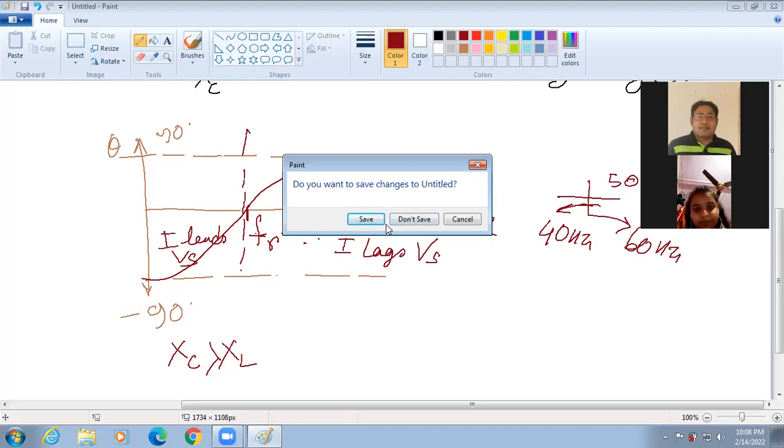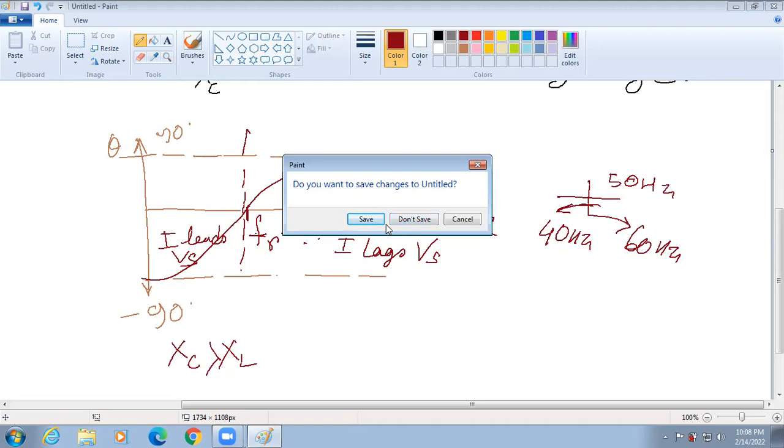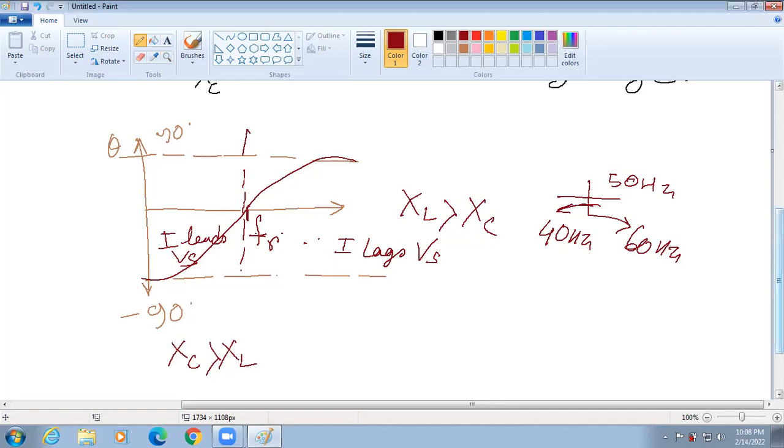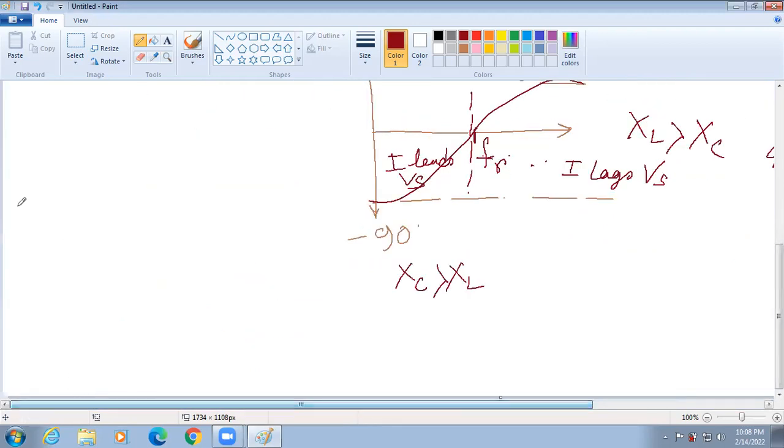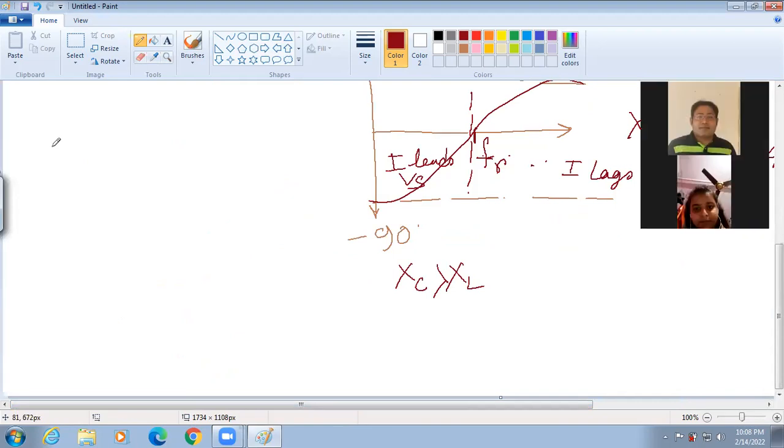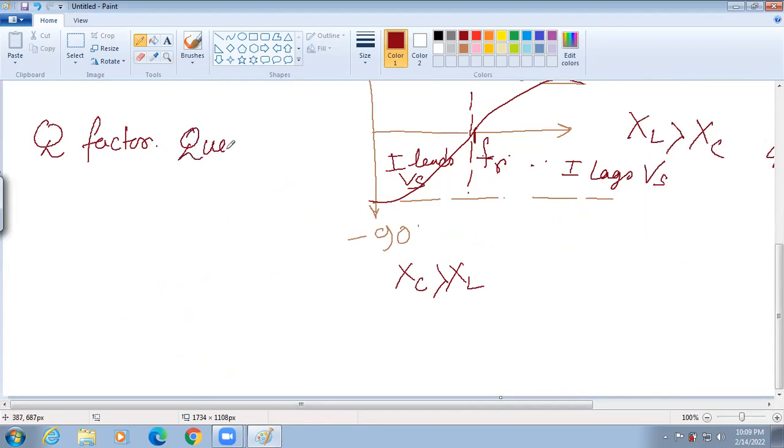And another thing, the Q factor. Q factor is the storage factor in a series resonating circuit, or you can say the quality factor.